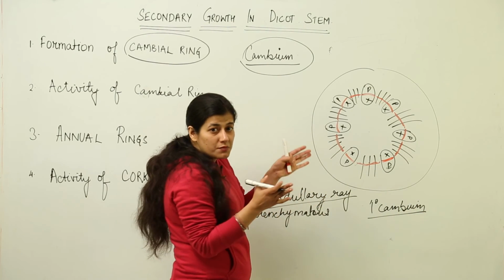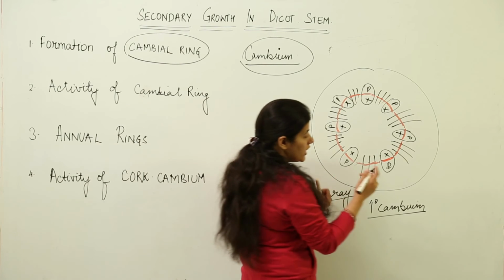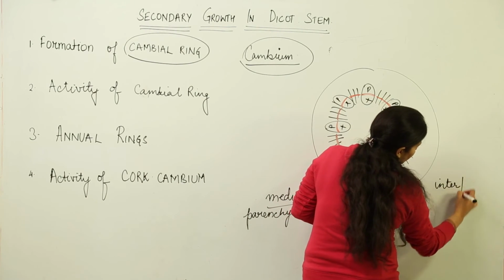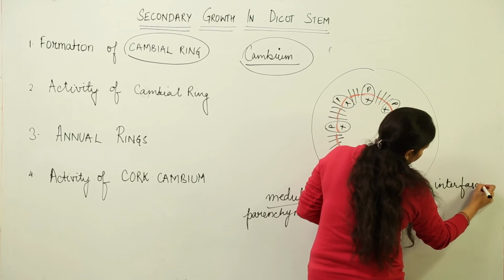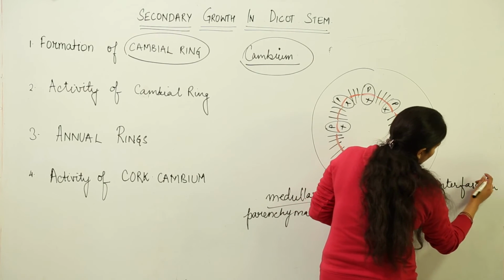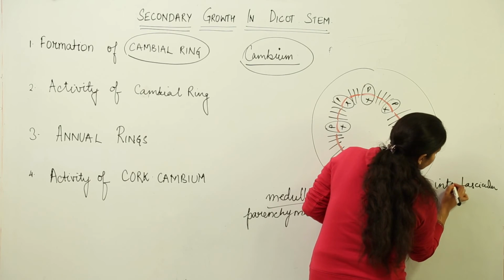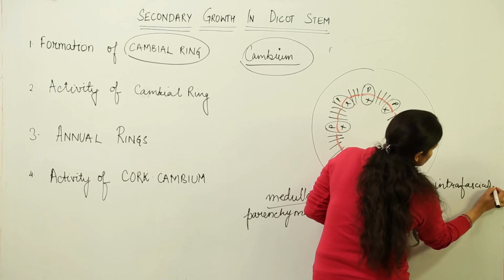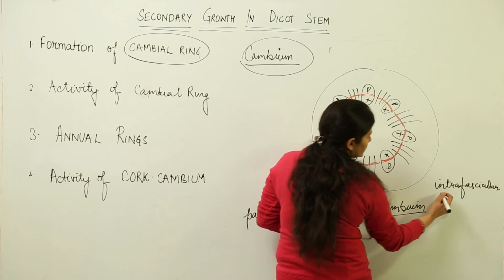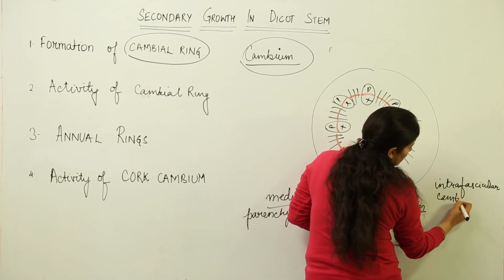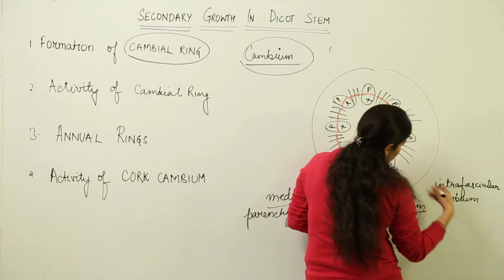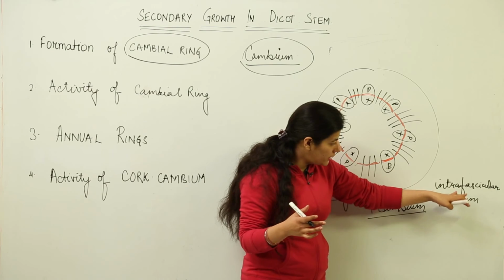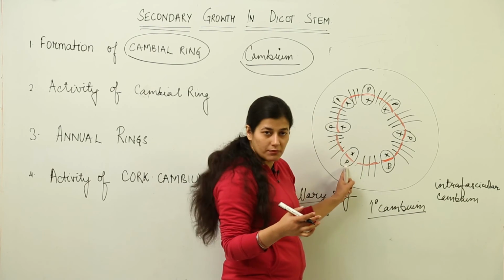Because it is present within the vascular bundles, it is known as intrafascicular cambium. This is the first term that is to be remembered. Apart from the things which we are studying, they are to be remembered. Now you just have to cram this term, that the cambium that lies within the vascular bundles is known as intrafascicular cambium.